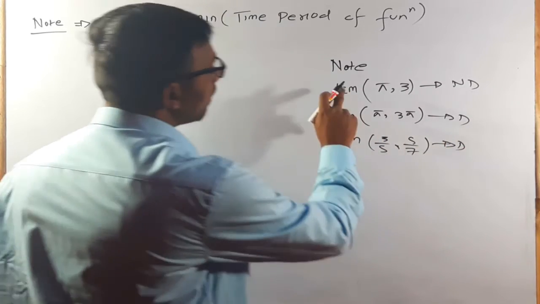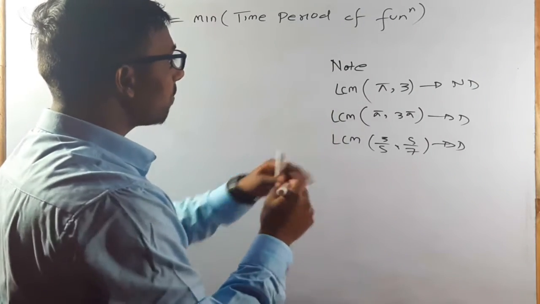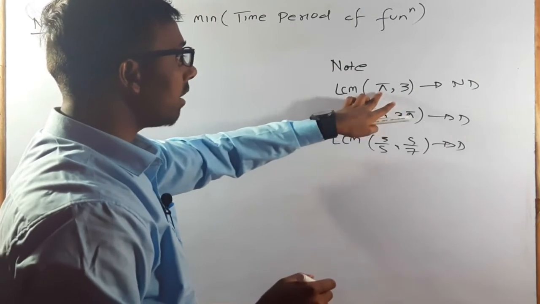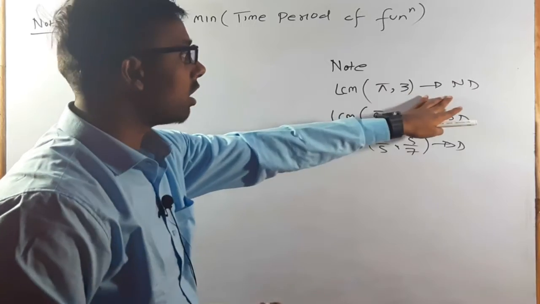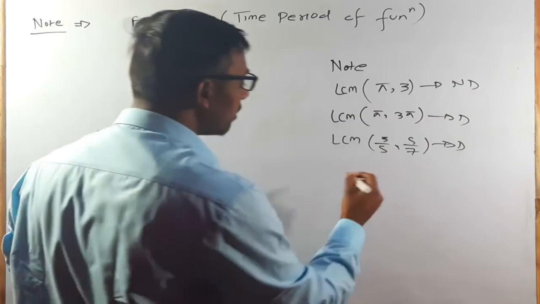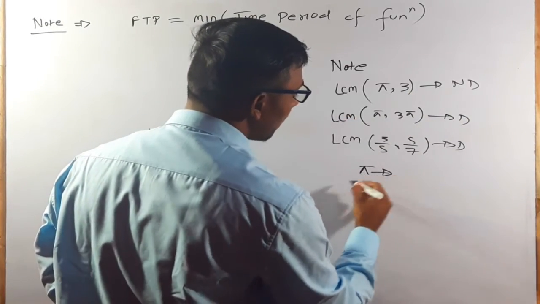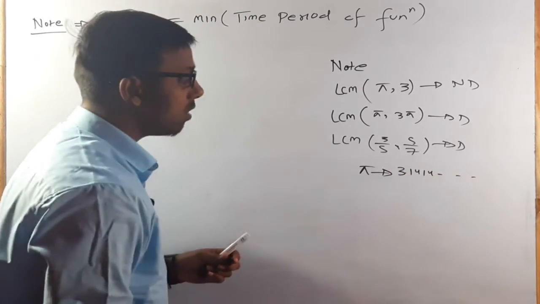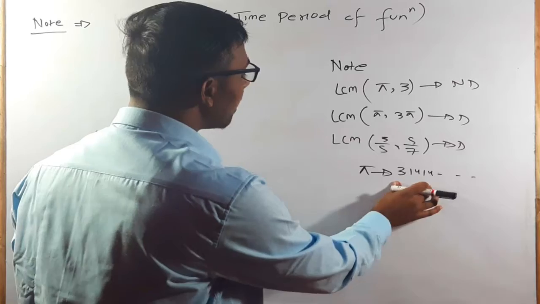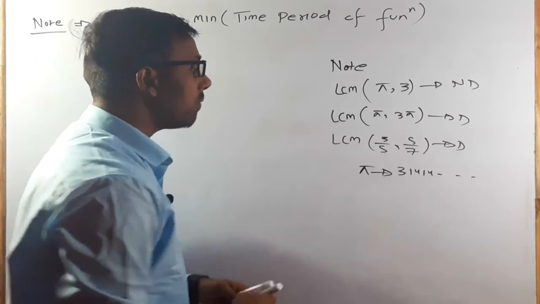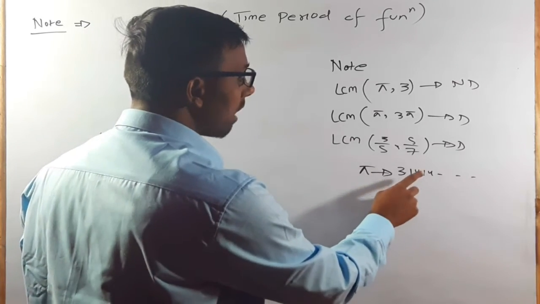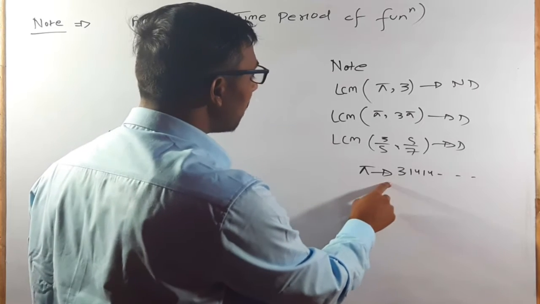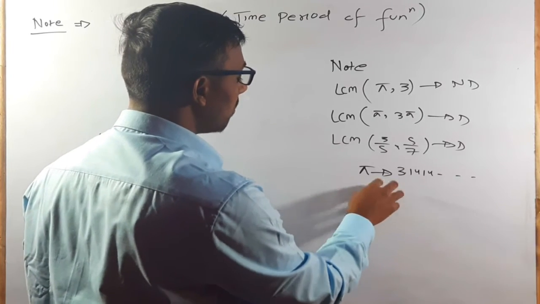But the LCM of one rational and one irrational is not defined. What is the meaning of irrational? Irrational means we cannot fractionalize it, like 3.1414. We cannot specifically define the value of pi, because this is an approximate value. That's why I'm saying this is irrational.